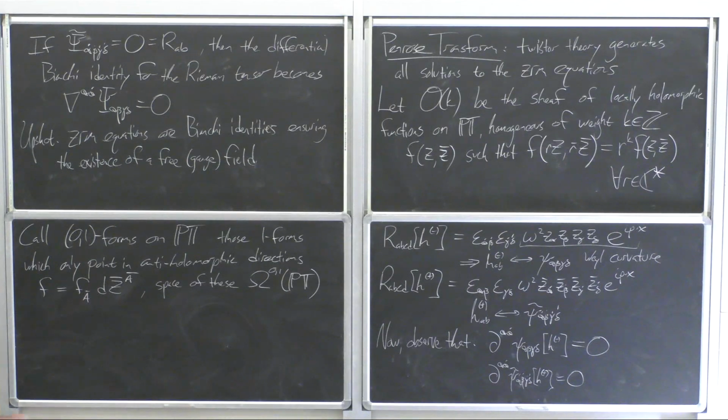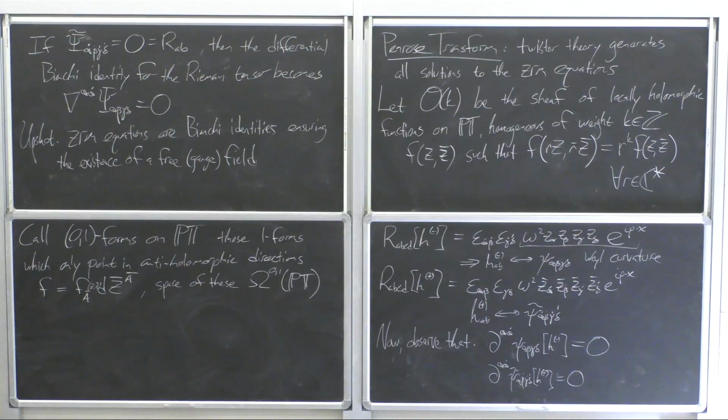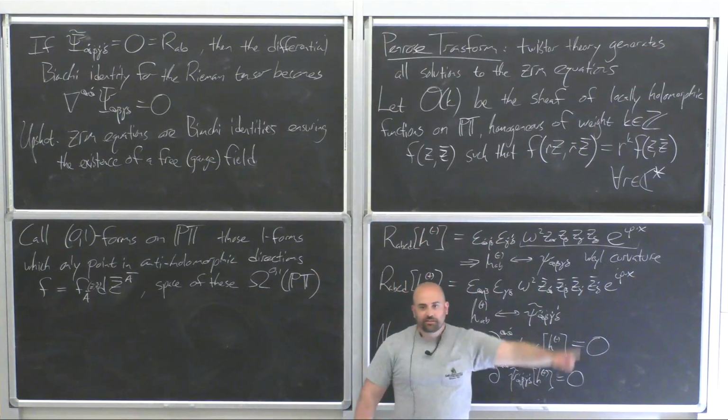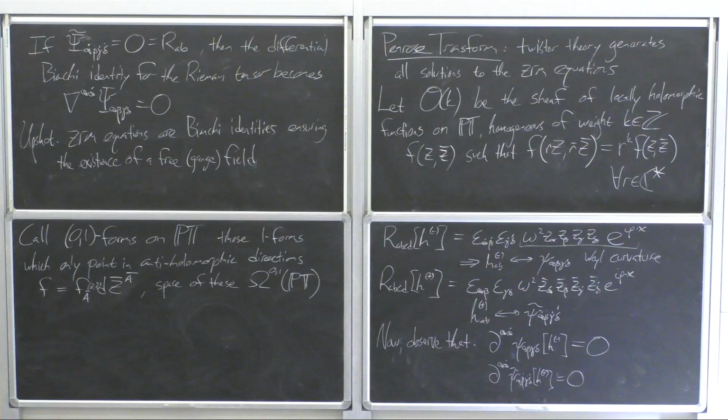Now, I haven't told you anything about these coefficients; they are functions that depend on Z and Z bar. Okay. So then we can tie this notion and that notion together and start talking about 0,1 forms on twistor space that have a certain weight under projective rescaling, right?